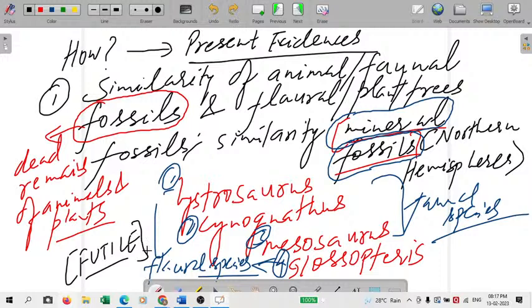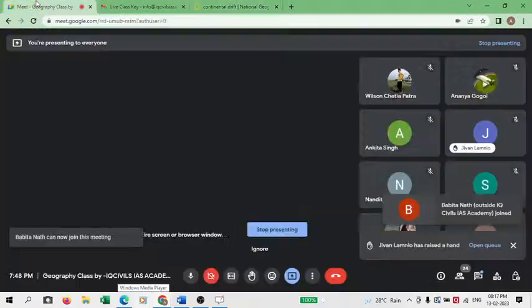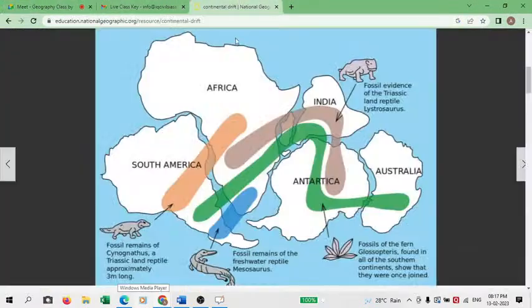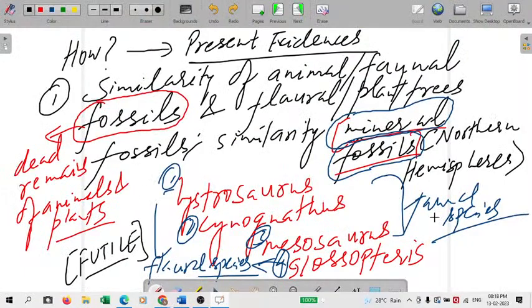Futile and criticized, with the counter argument that there would have been parallel evolution in the separated continents, evolution in the separated continents in the long geological past.